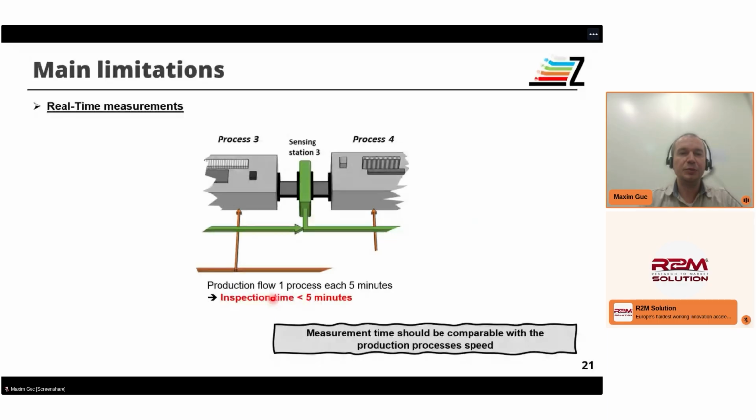Another limitation is measurement time. When we are speaking about measurements in the lab, we have no limited time, so we can do it during hours, minutes, sometimes days, and this is okay. We don't have any limitation.